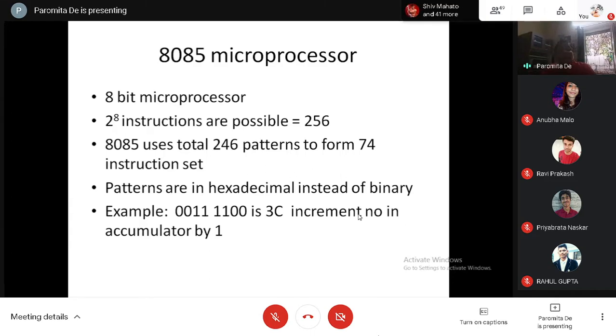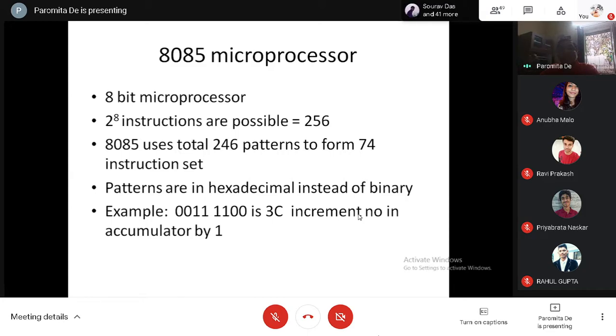But the 8085 will use a total of 246 patterns to form 74 instruction set. What is instruction set? We will see in this class hopefully. These patterns of the instructions are all in hexadecimal, so we are always writing an H after 0000H or FFH.